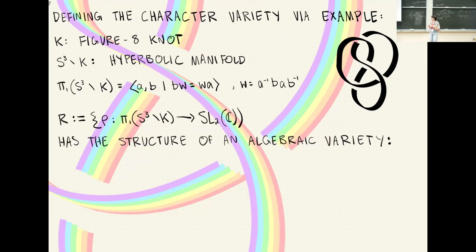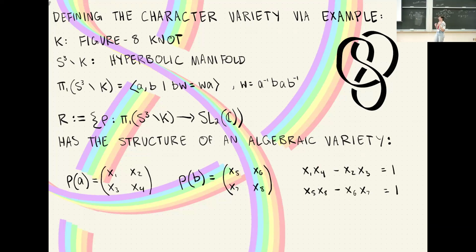And first, I'm going to look at the SL2C representations of the fundamental group. The first cool thing that we can see is that this set of representations actually has the structure of an algebraic variety. And we can see this pretty clearly.